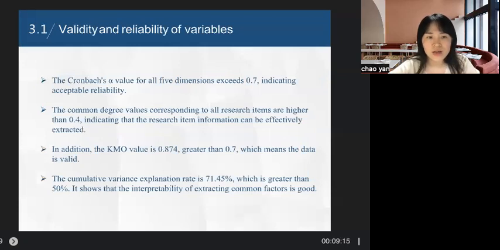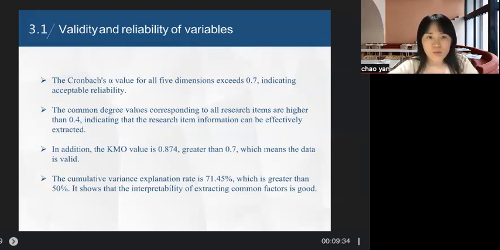After determining the research method, we conducted an empirical analysis with SPSS 25. First, we tested the validity and reliability of variables.